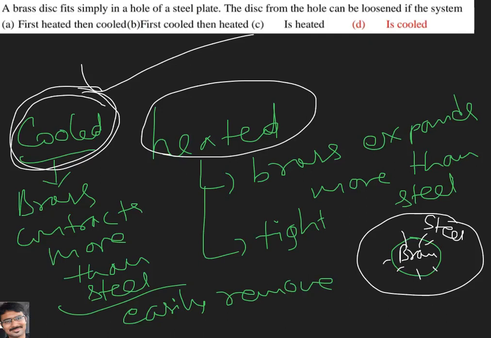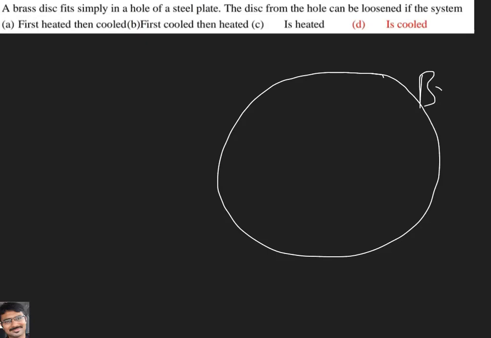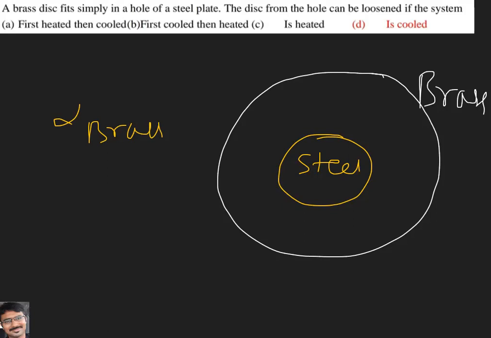Suppose the question is reversed. What is the reverse question? Suppose the outer one is brass and the inner one is steel. Alpha of brass is greater than alpha of steel. So how to remove this one?